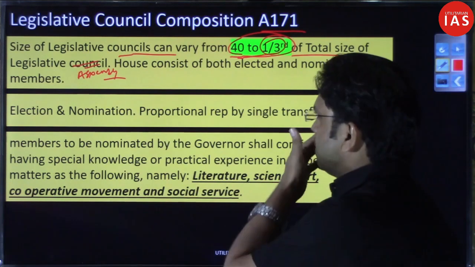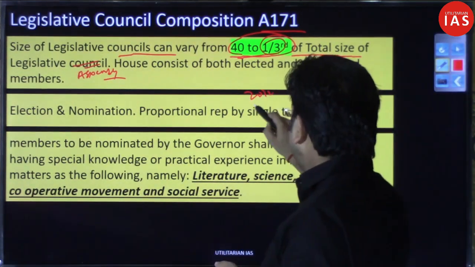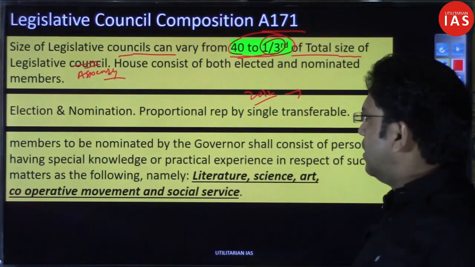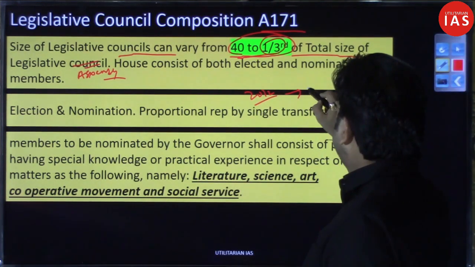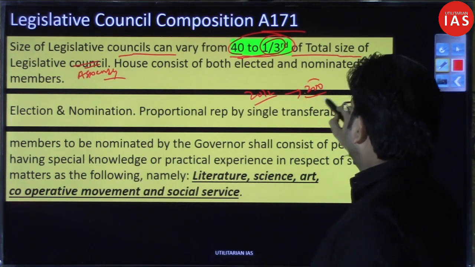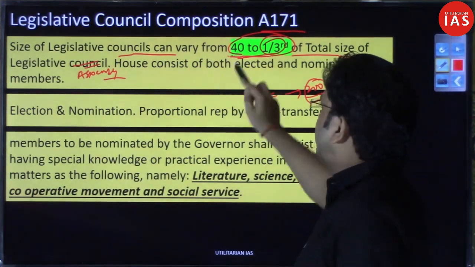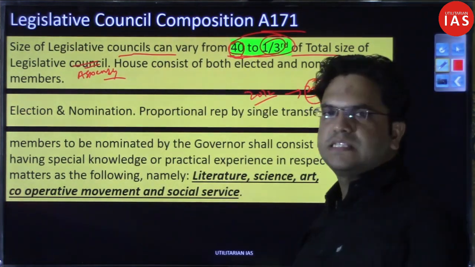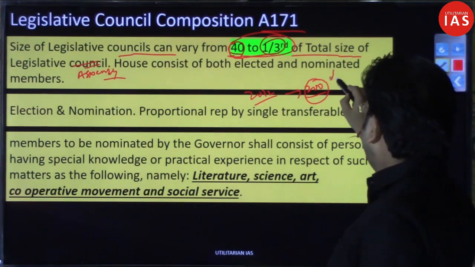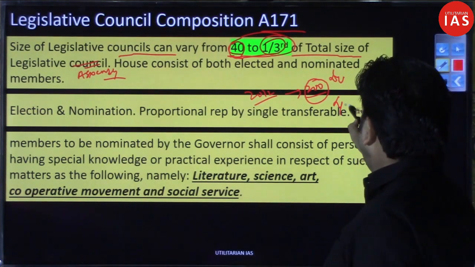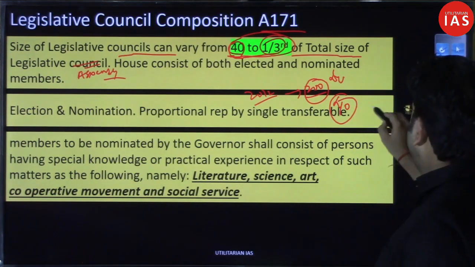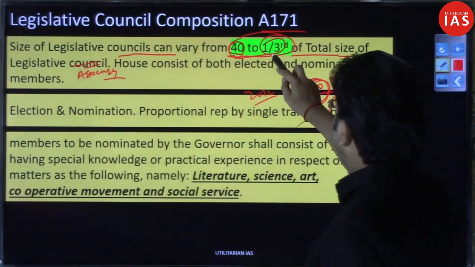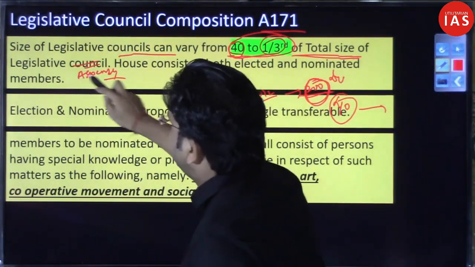Let us take an example. As I already told you, in 2012 Rajasthan requested the creation of a legislative council. The size of the Rajasthan assembly, I guess, is 200. If parliament approves, the minimum size the legislative council can have is 40, and the maximum will be 1/3 of 200, the size of the legislative assembly.